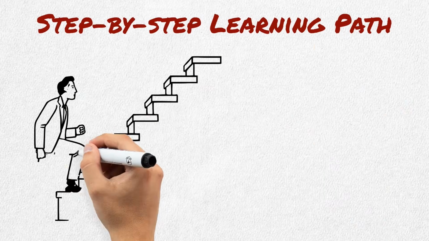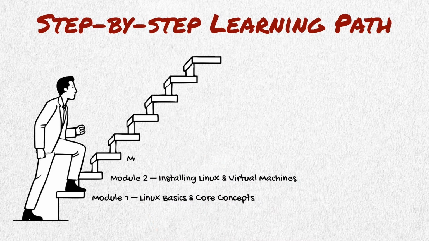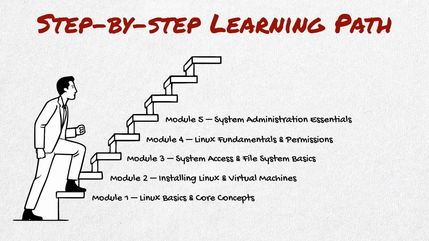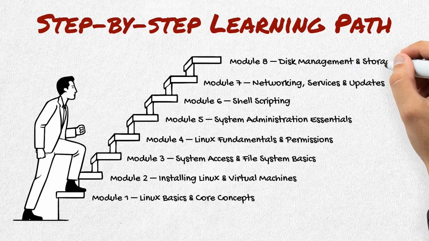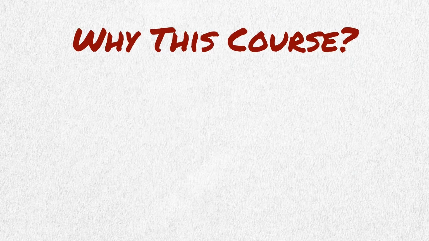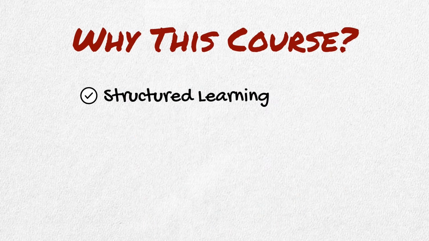Let me start by giving you a quick overview of how this Linux administration course is structured. I've organized the entire series into 8 clear, well-structured modules. Each module is designed around 3 simple goals. First, we make sure you truly understand the concept. Then, we practice it hands-on using real examples.